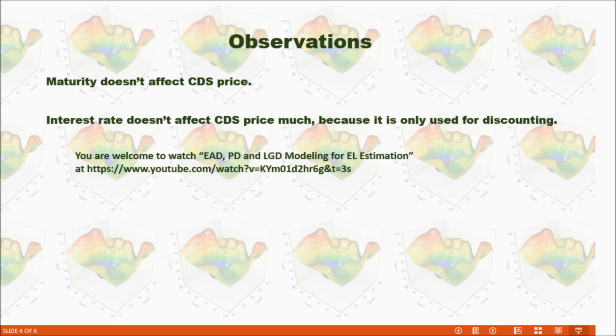I have another video showing how to model EAD, PD, and LGD. And also on my channel, you can see another video showing how to forecast interest rate movement over time with the Hull-White model. You are welcome to watch those videos.